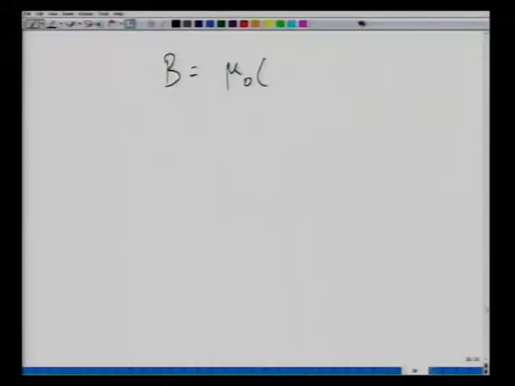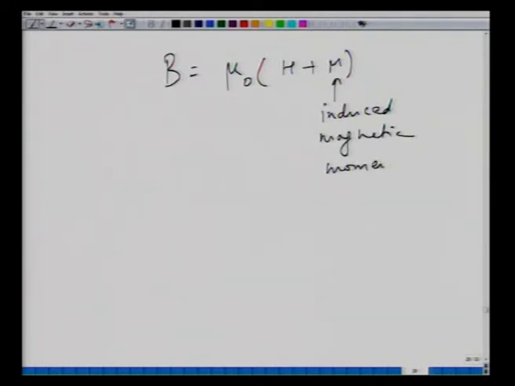The macroscopic picture of magnetic moment was that upon insertion of a material inside a coil, this gives rise to mu naught into H plus M, where M was the induced magnetic moment by inserting a material.